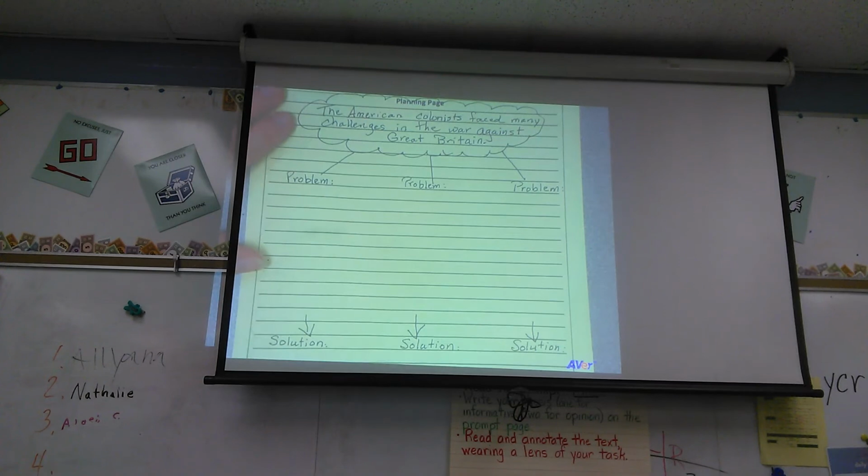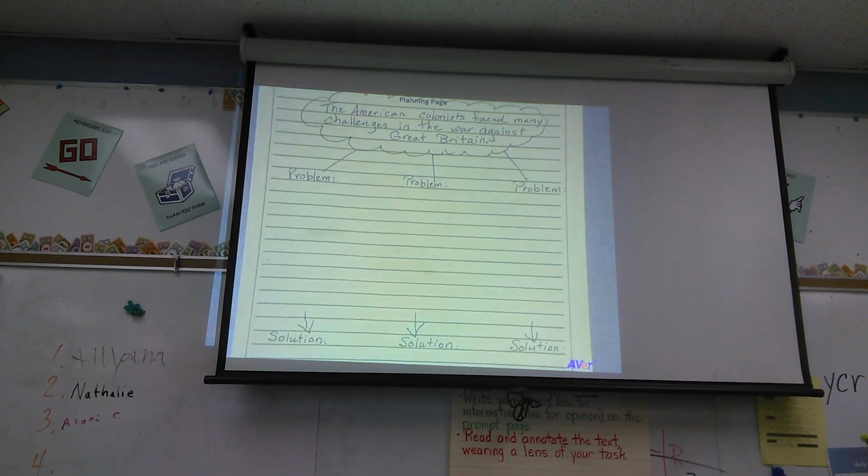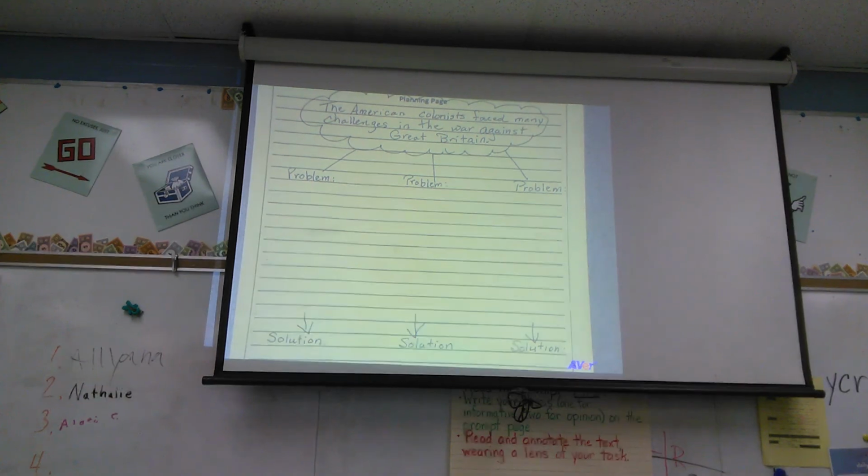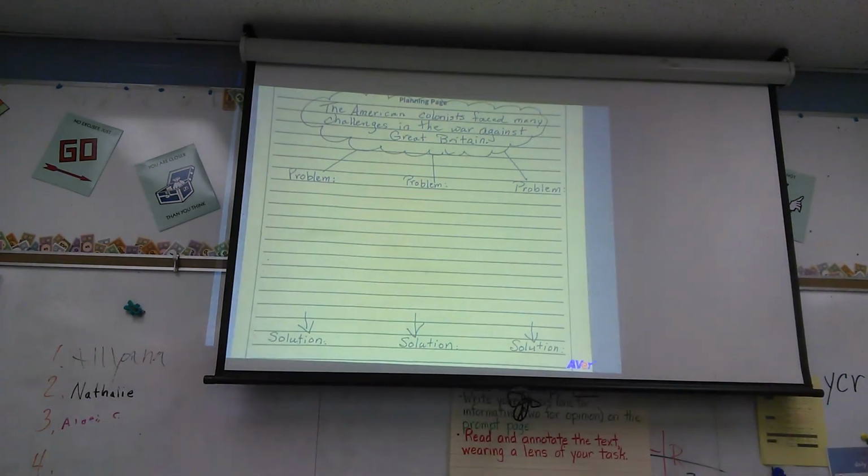And that's where you're going to explain how this problem was solved. What did the American colonists do to fix this problem? Because obviously they had to overcome these problems or challenges in order to win.